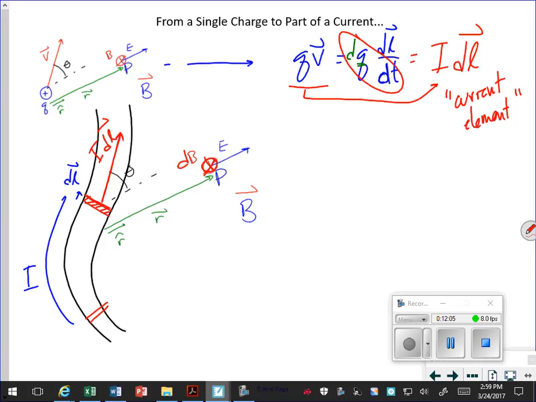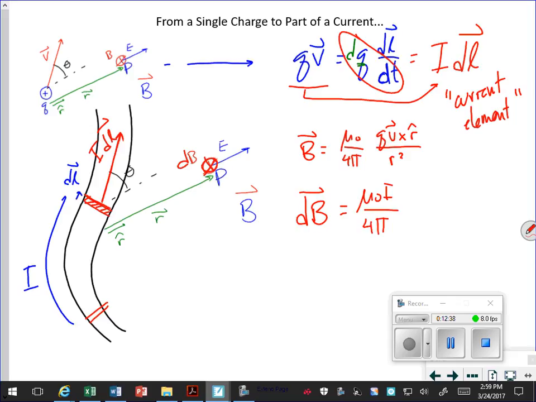Remember, we said that B from a single charge was mu naught over 4 pi, QV cross R hat over R squared. Now for this current element, each current element makes a little tiny elemental dB magnetic field, and that goes as mu naught I over 4 pi.